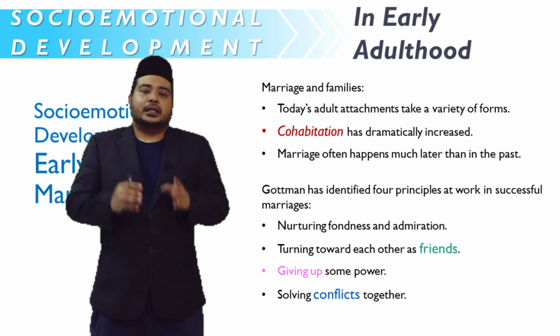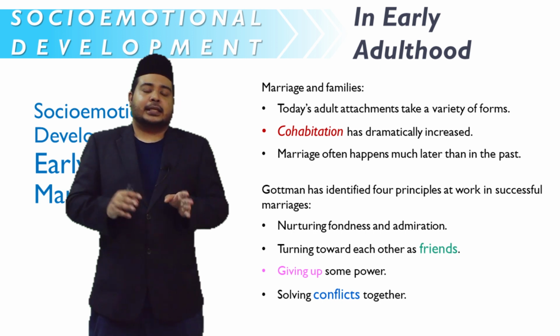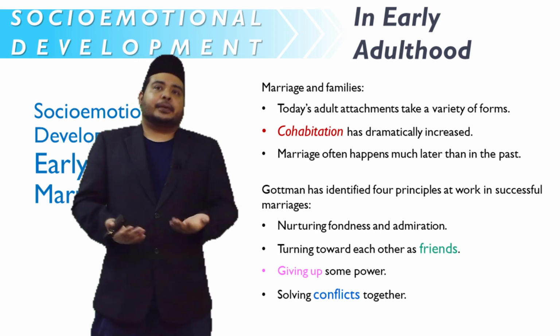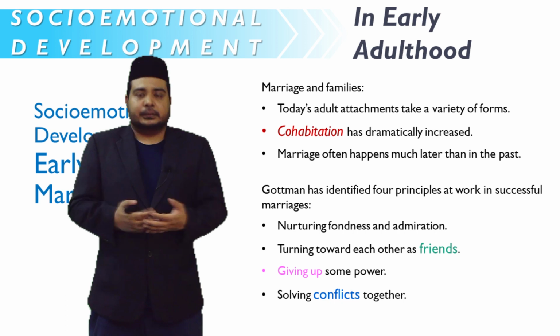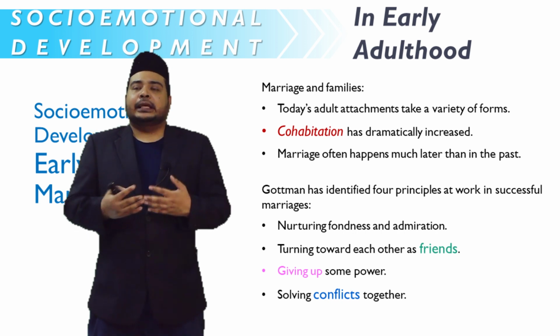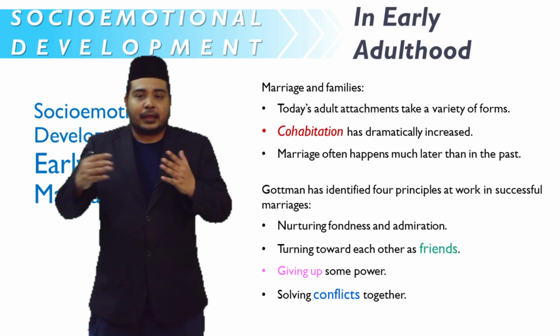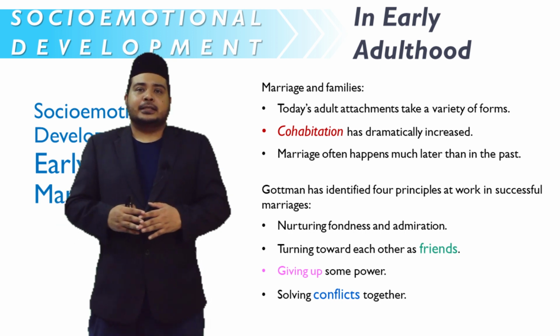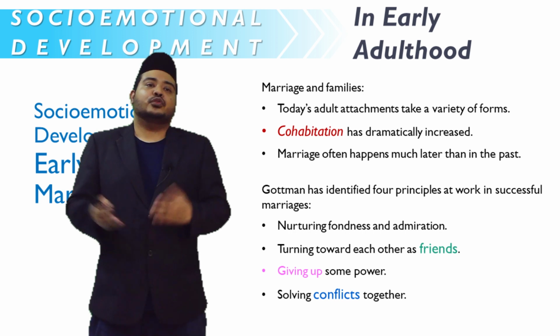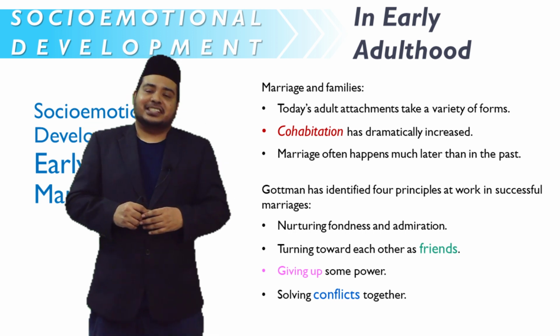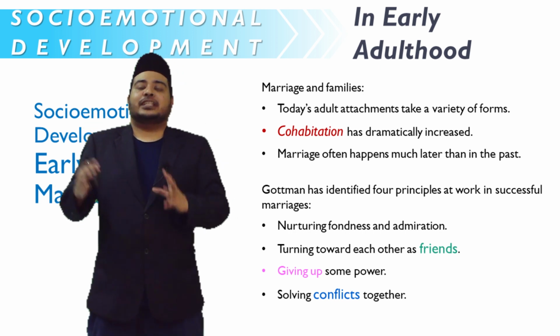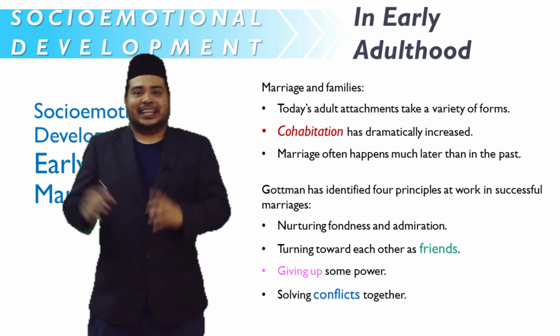First one, nurturing fondness and admiration. Married couples have the highest levels of love and care for their partners before marriage, during the love relationship, when they are not yet secure about their partners.